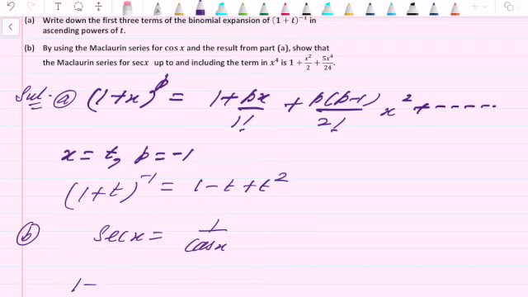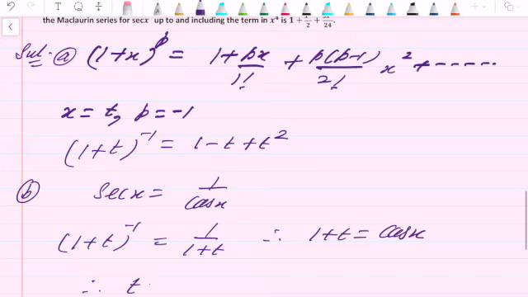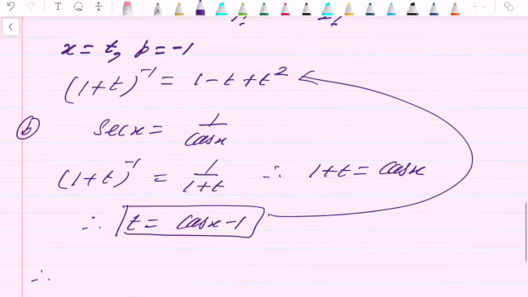So if we see 1 plus t raised to power -1, that is 1 over 1 plus t. So therefore we can take 1 plus t is equal to cos x. Therefore t is equal to cos x minus 1. And we plug this into part A.